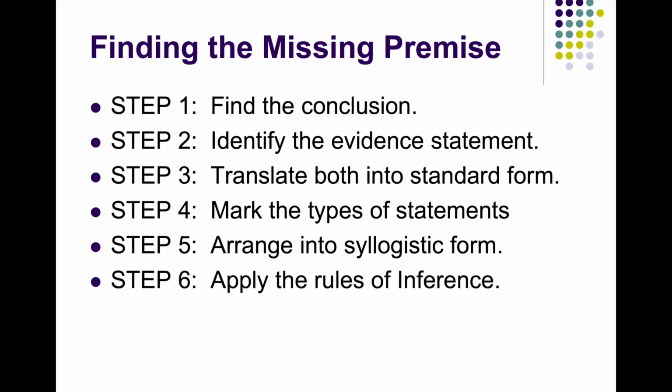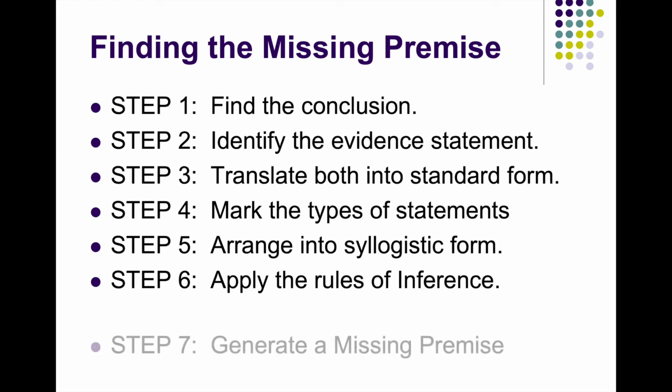Then apply the rules of inference, and you apply the rules of inference as the way of generating the missing premise. So you know, for instance, if the conclusion statement that you've identified and put into standard logical form is a negative statement, and the premise that you've identified is an affirmative, you would know, for example, that the missing premise would have to be negative in order to generate a valid syllogism.